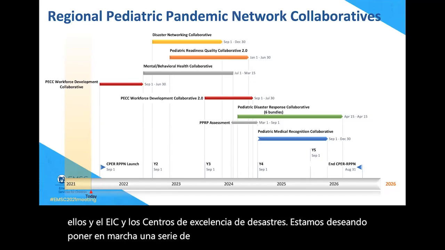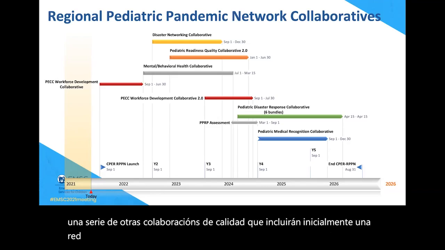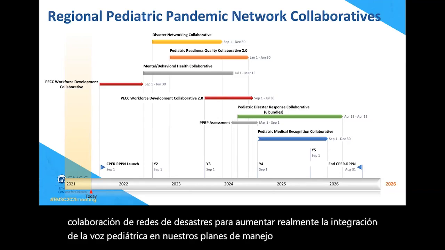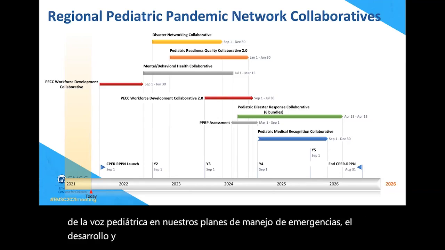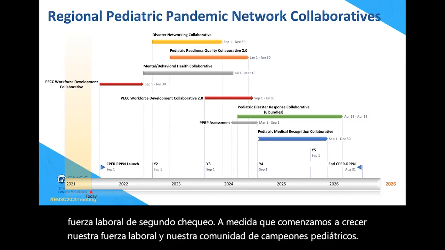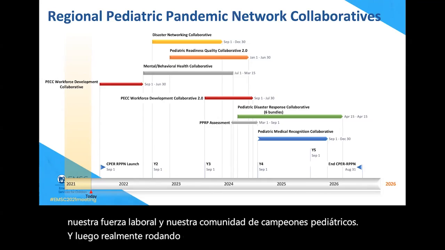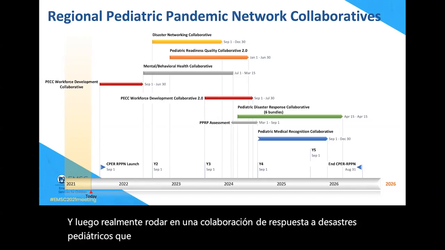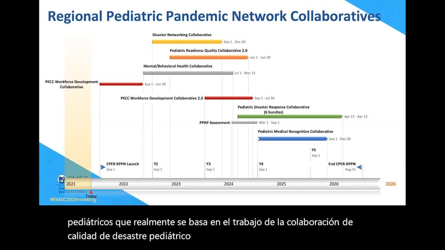That will include initially a disaster networking collaborative to really grow integration of the pediatric voice in our emergency management plans, the development and establishment of a second PEC Workforce Development Collaborative as we begin to grow our workforce and our community of pediatric champions, and then really rolling into a pediatric disaster response collaborative that really builds upon the work of the EAGLE Pediatric Disaster Quality Collaborative you just heard Meredith provide an overview of.